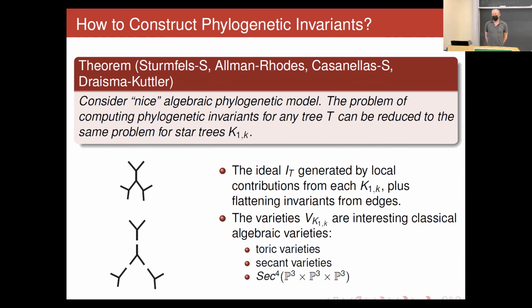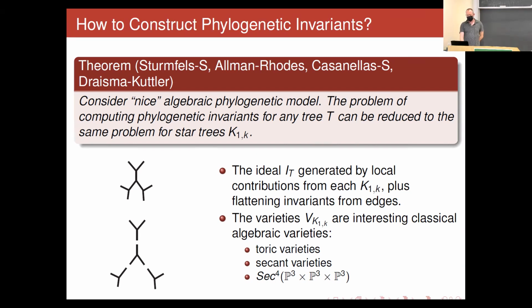There's this structure theorem that Baron Sternfels and I had proven in a special case, and it was successively generalized until eventually Drysma and Cutler had the most general statement, which, leaving things somewhat vague, says if you want to know what the vanishing ideal is for an arbitrary tree, you just need to understand what the vanishing ideal looks like for three-leaf trees in the case of binary trees, or more generally trees that have just a single internal node and k leaves, if you want to understand it for arbitrary tree structures.